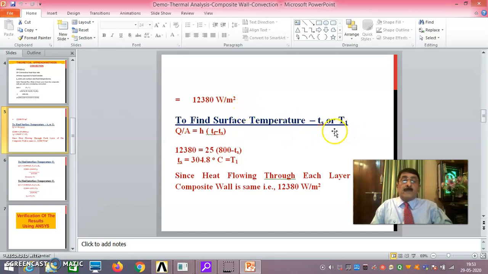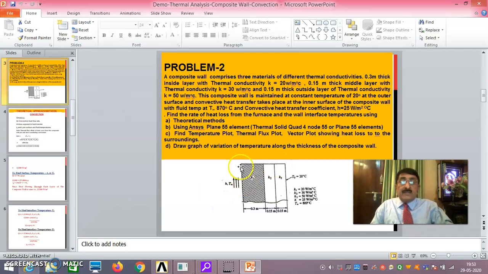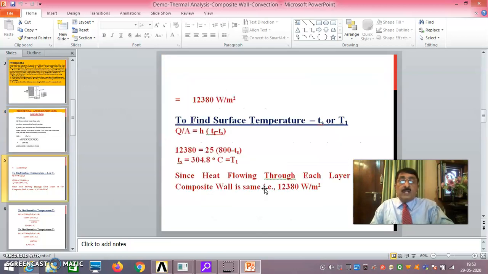To find the surface temperature, TS or T1, I'll tell you how to find that. Q by A is equal to H into TF minus TS, because the fluid temperature is higher here.